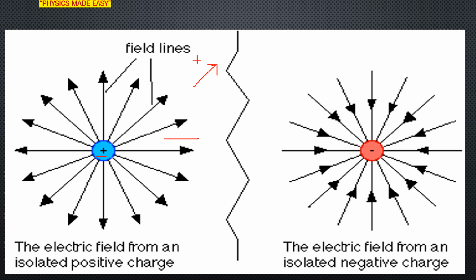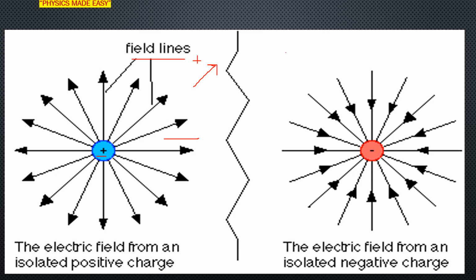When we join all these arrows, we can say that all these arrows take the form of radially outward lines from the source charge, and these lines are known as field lines. So the first figure shows the electric field for an isolated positive charge.